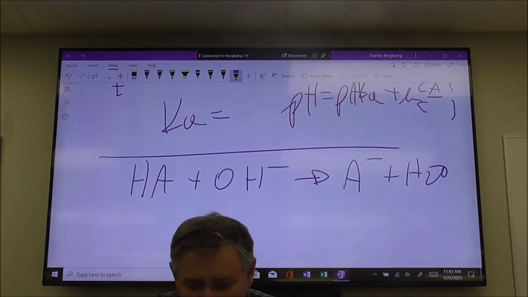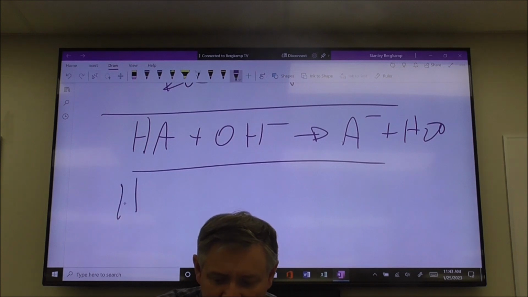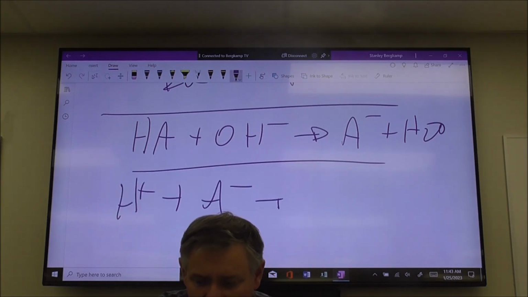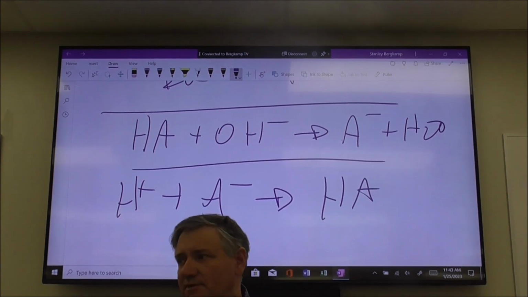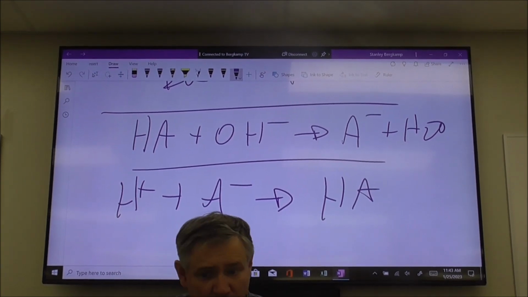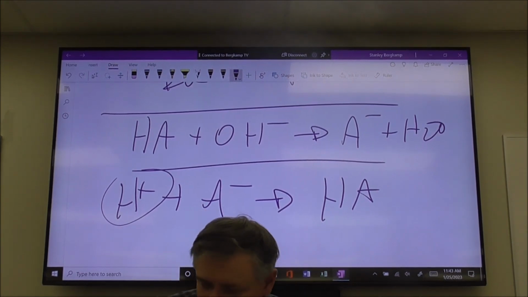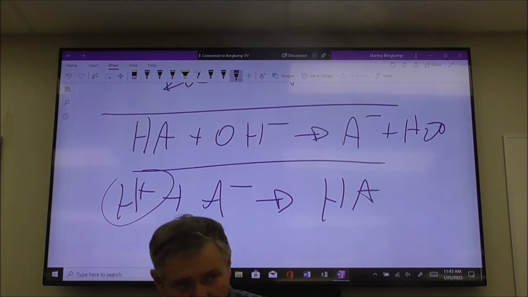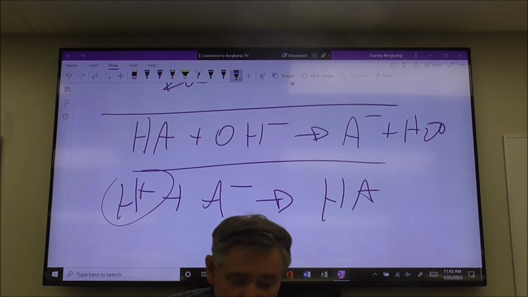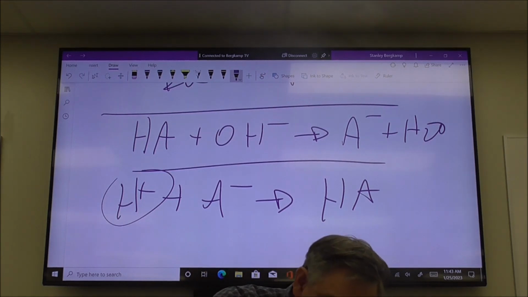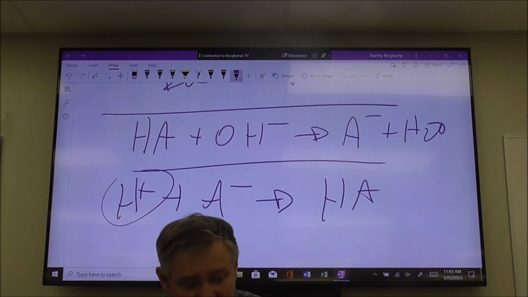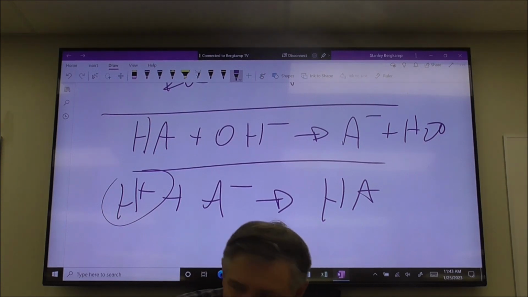But what is going to happen is that the hydronium ion is going to interact with the anion to reform the acid. So at this point you should realize I'm adding hydronium ions, which is probably going to make it more acidic. So your answer to 2E is going to be a little bit less than your answer to 2A.